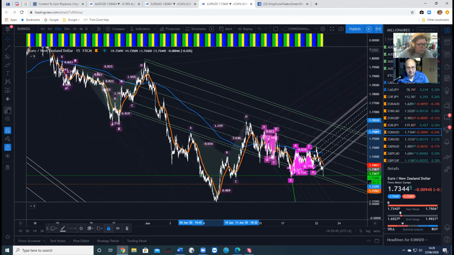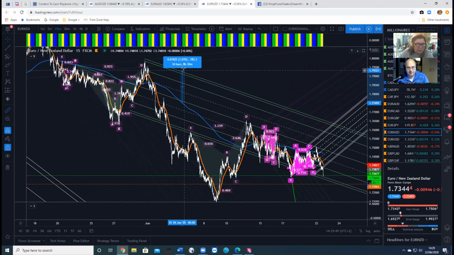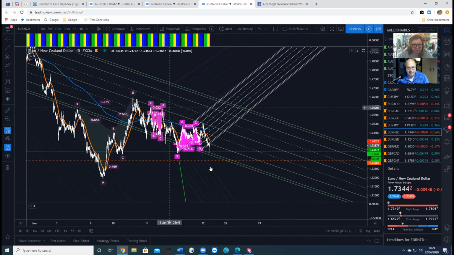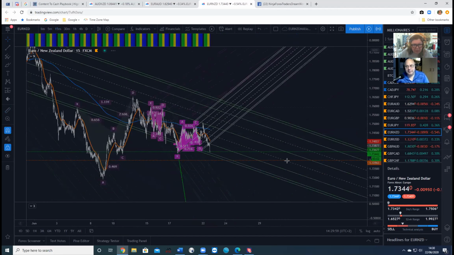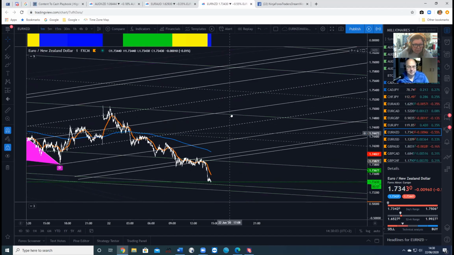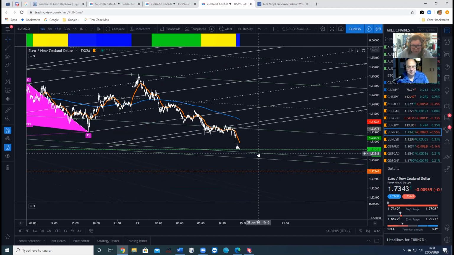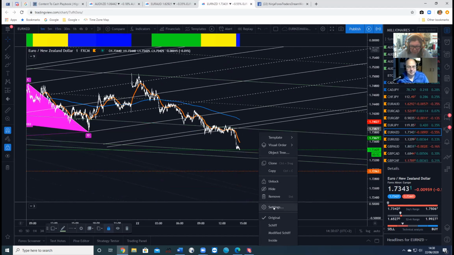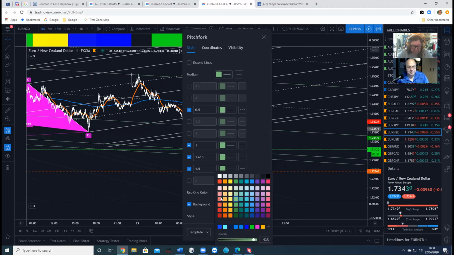If anybody wants any of these old scans, let me know. 190 pips, that one. So it's just coming down to the extension of that. That's this one here. I don't know why my green has gone off a bit.